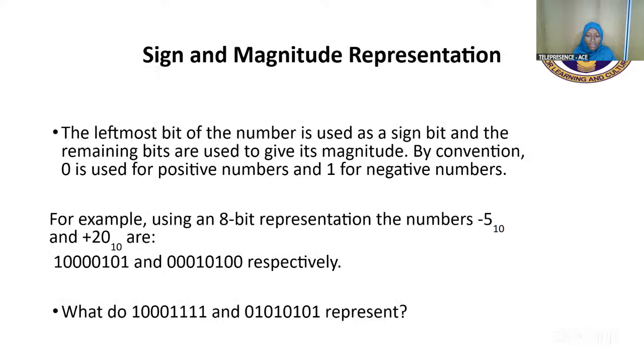For the sign and magnitude representation, the leftmost bit of the number, which is the most significant bit, is used as a sign bit. You use it as the sign for that number, and the remaining bits are used to represent the magnitude.